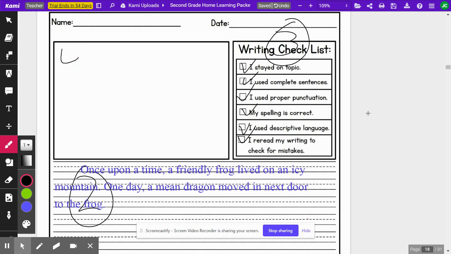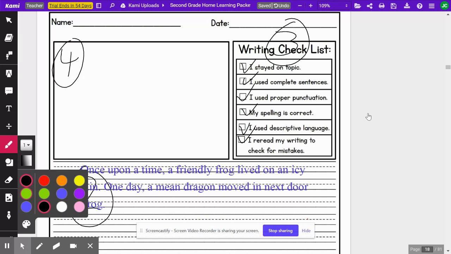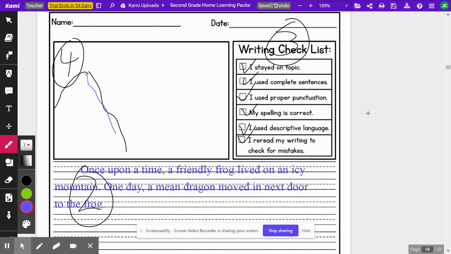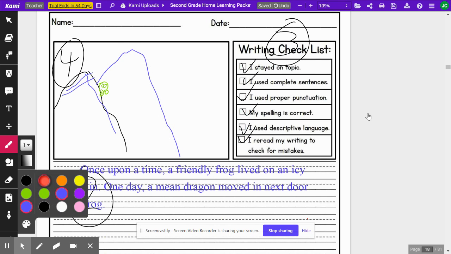Then when you're all done you go to section 4 and you draw a picture of your journal article. So here's my icy mountain with the ice shimmering. Let it go, sings the little frog. He's a little frog on the mountain. And then just next to him on the mountain, a dragon moves in.